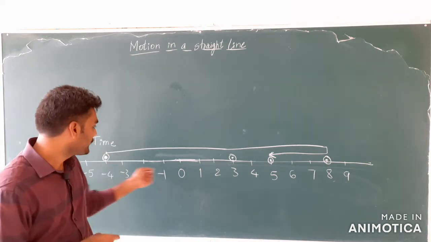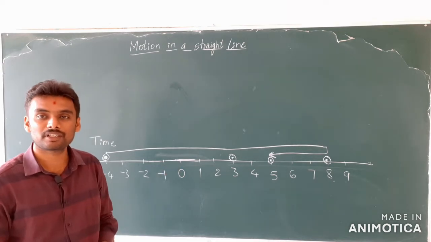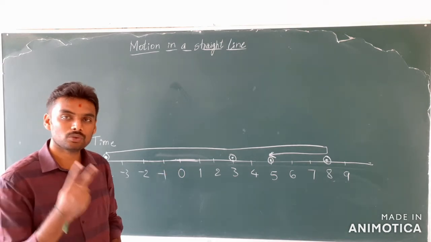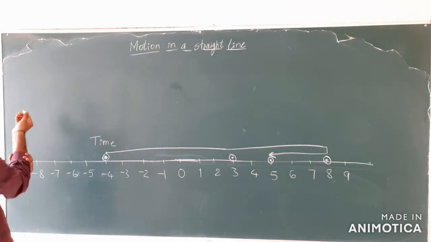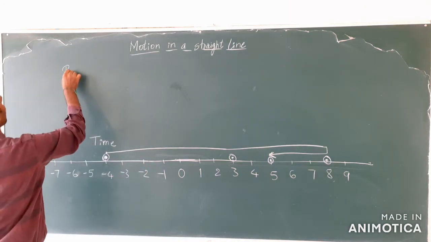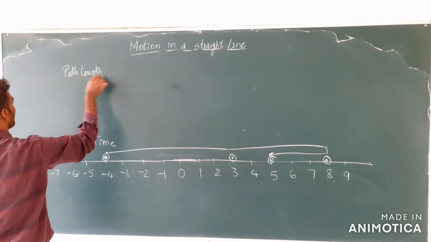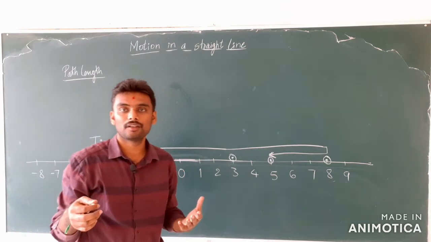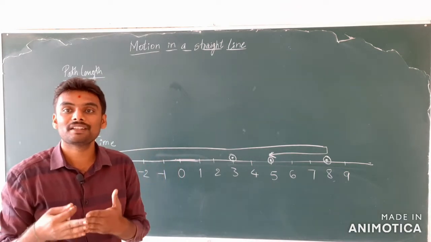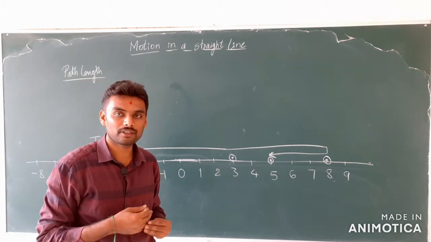In order to describe this simple motion that we have here, we will take two factors. One factor is path length. Very simple, because whenever the motion happens, we always expect to know what is the length the body has moved, isn't it?